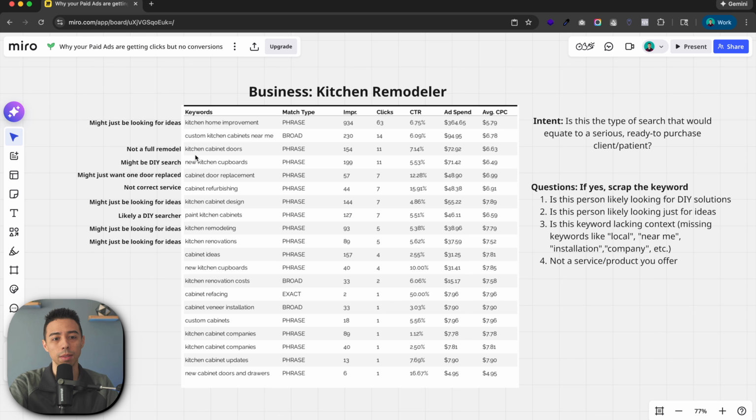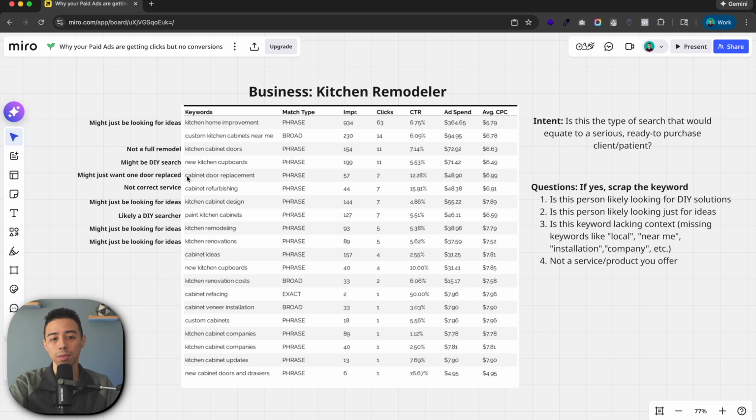Moving on to the next one, we have kitchen cabinet doors. This might not actually be a full remodel. So if your business is trying to get a bigger job, and someone is just searching for doors, they might be willing to do a full kitchen renovation, but the chances of them wanting that are a lot lower than for some of the other keywords that might be good for your account. As we keep going down, new kitchen cupboards, again, could potentially be a little bit more of a DIY search.